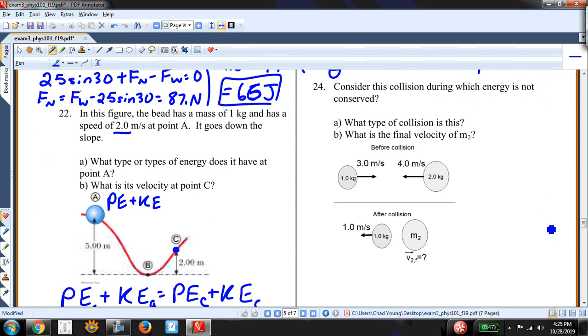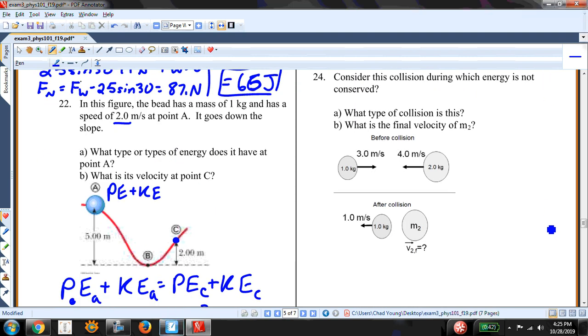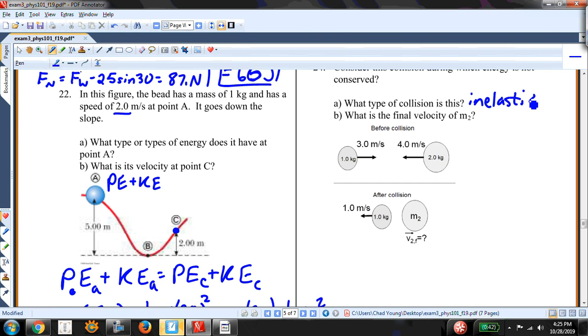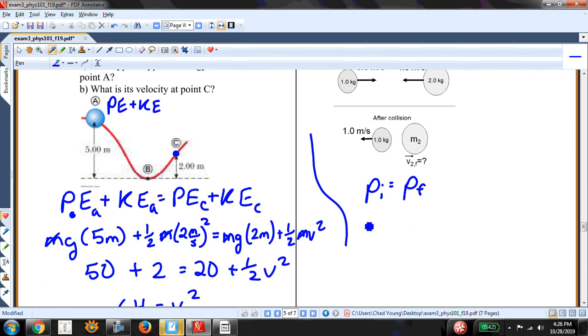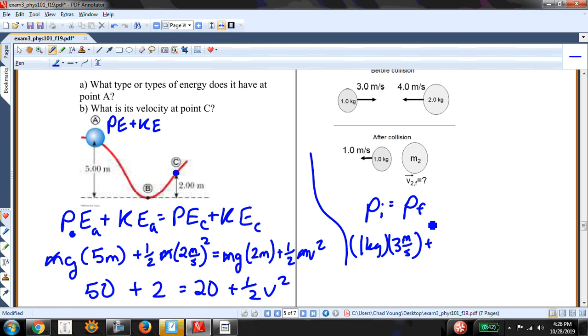Consider this collision, in which energy is not conserved. What type of collision is this? This is an inelastic collision. And to find the final velocity, I say PI is equal to PF. PI is 1 kilogram times 3 meters per second plus 2 kilograms times negative 4 meters per second.